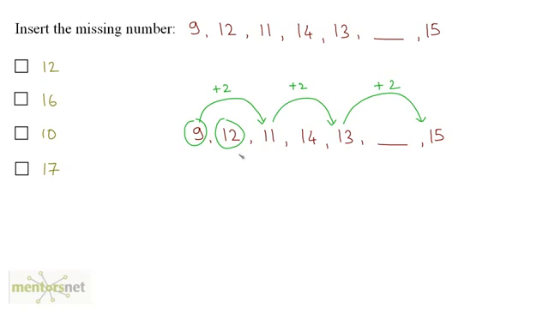The other series that starts with 12 gives you the next number as 14, and the next number is the blank. So 12 plus 2 gives you 14. So 14 plus 2 will give you the missing number, right? So 14 plus 2, that's 16. And that's the missing number that we found. So option B is the correct answer.